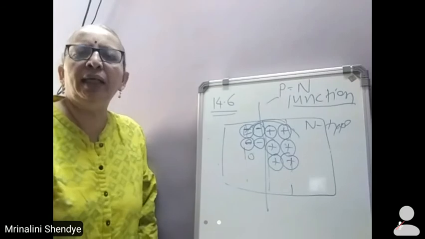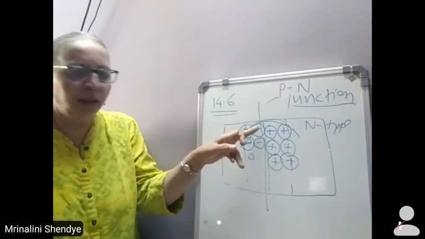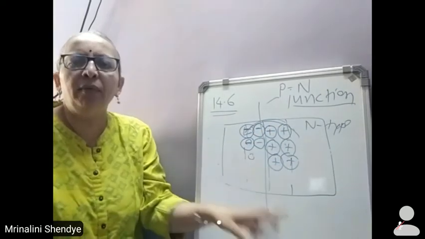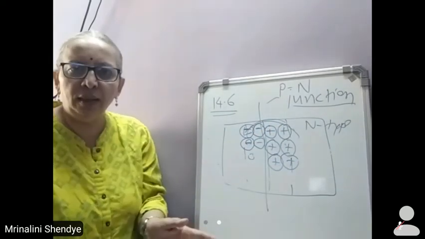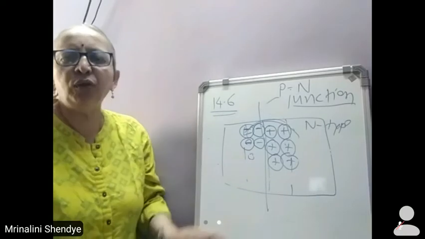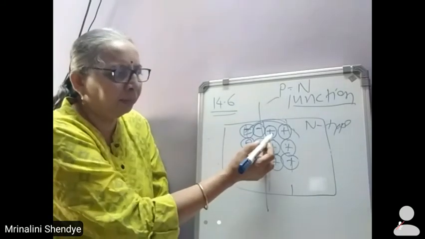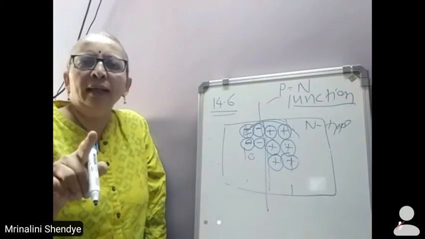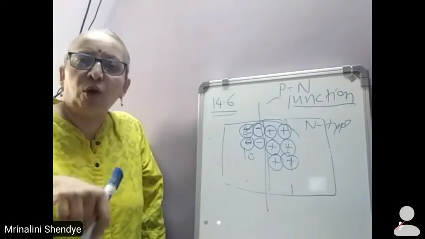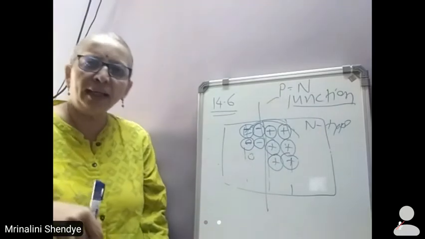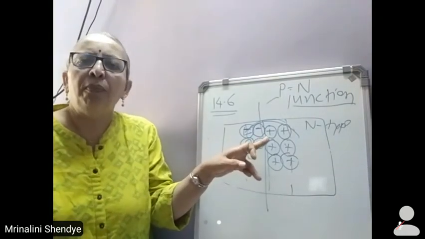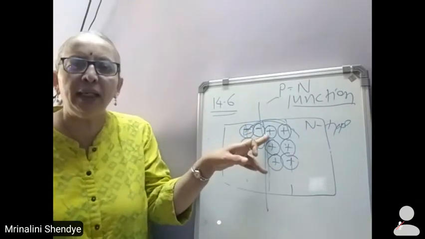Initially, when there was no flow, each acceptor atom or each donor atom is electrically neutral. Now there is actual diffusion of charges. So each donor atom lacks one electron and hence it acquires positive charge. So donor atom which was electrically neutral now has the form of positive ion.